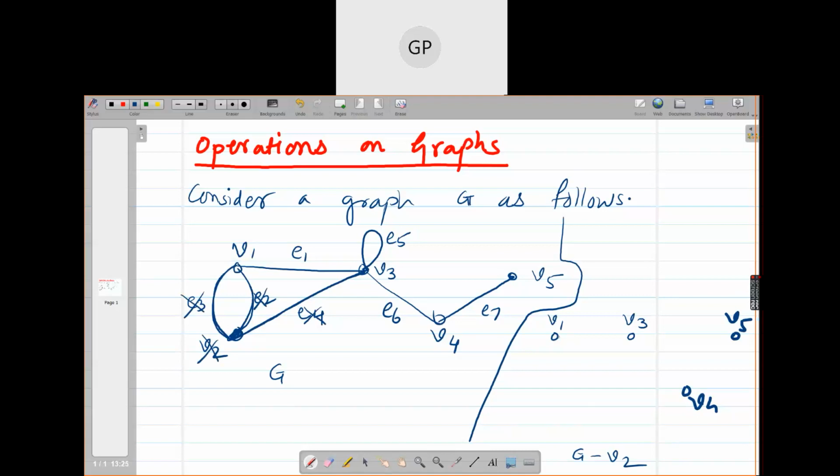So I am left with V1, V3. There is an edge, E5. Draw it. V3 to V4 there is an edge E6 and V4 to V5 E7. So this is a subgraph, right? This is G minus V2.